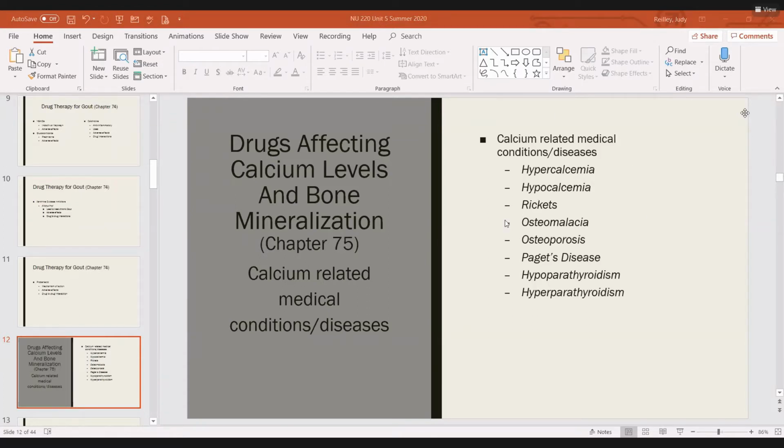It's going to be caused by problems in the parathyroid again, a deficiency in vitamin D or your dietary calcium. It can be caused by chronic renal failure, and it can actually be caused by long-term use of magnesium-based laxatives that we'll talk about somewhat today.